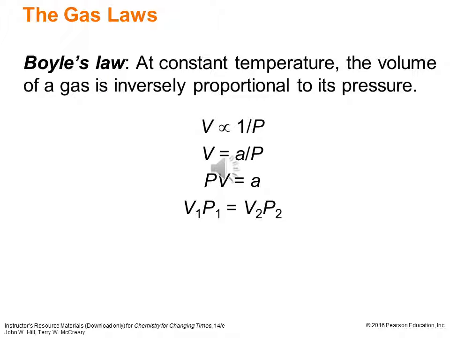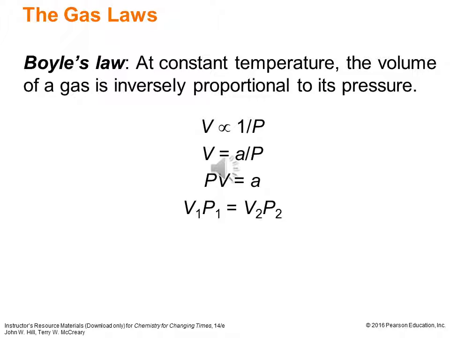So if we have a large volume at constant temperature without changing the number of moles of gas inside, we're going to have a certain pressure. And if we decrease volume, we'll increase pressure. If we increase volume, we'll decrease pressure. Or if we increase pressure, we would decrease volume. And if we decrease pressure, we would increase volume, again, keeping temperature and number of moles constant.